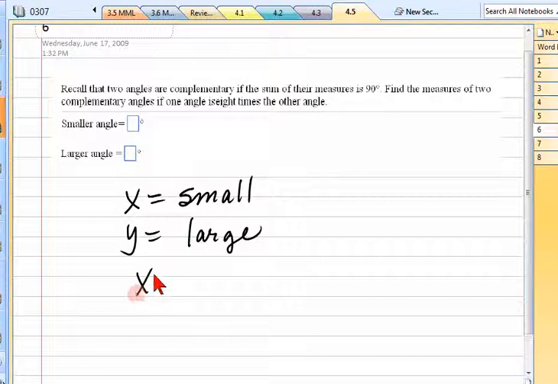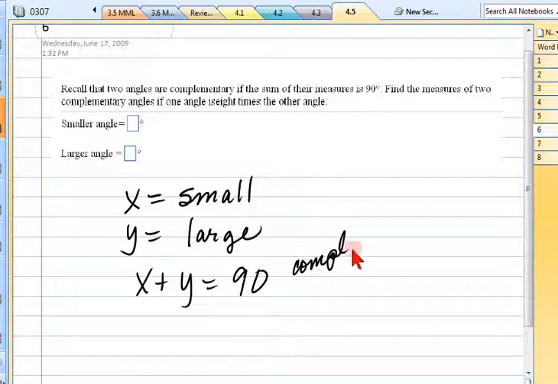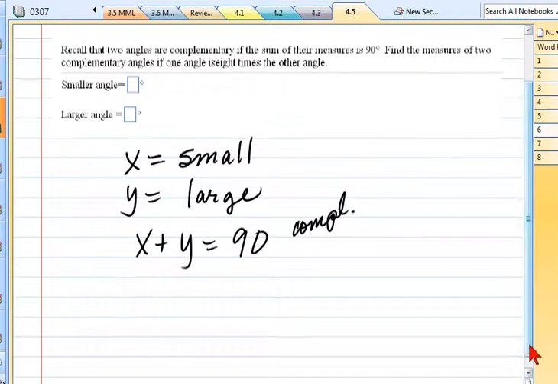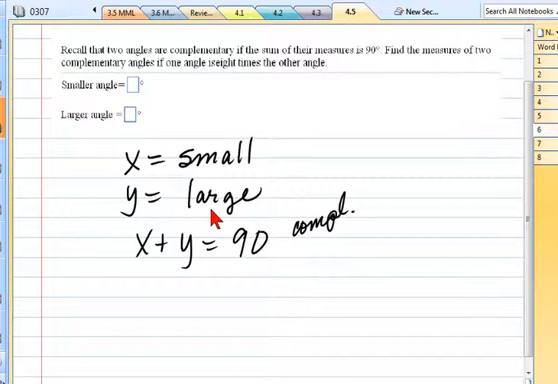So, X plus Y is 90. That is from the word complementary. Now, it says one of the angles is 8 times the other. Well, which one? Put in the words small and large.